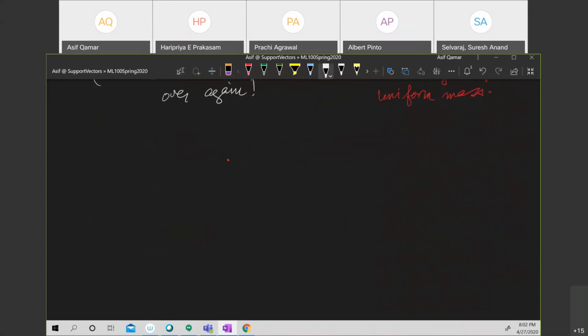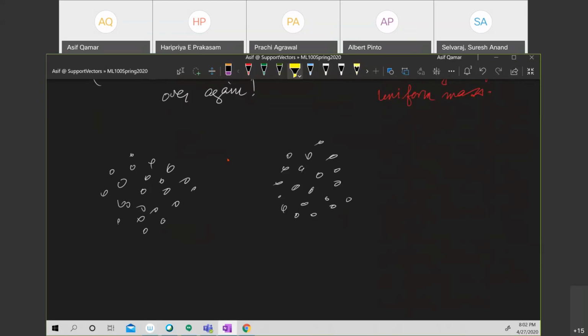So let me start with some points. Suppose I randomly pick 2 points. Which 2 points would you like to pick? If you're lucky, one random point will belong to one cluster, and another random point we pick will belong to a different cluster.